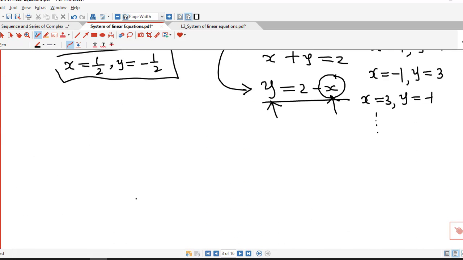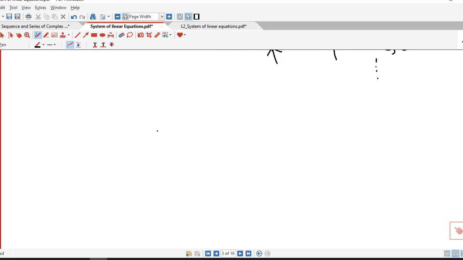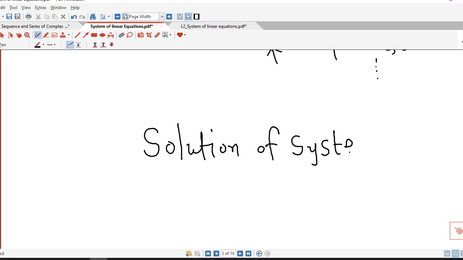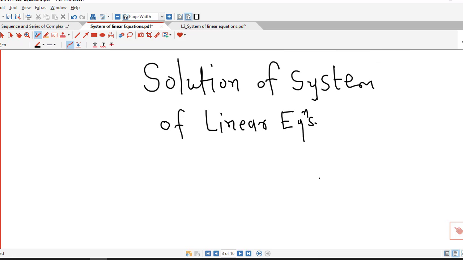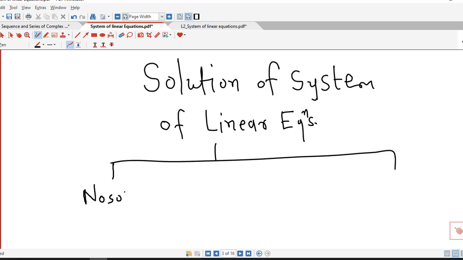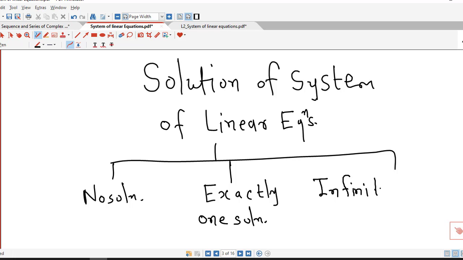So in the upcoming lectures we will see how to find the solution of a system of linear equations, but we will keep in mind that for every system there are only three possibilities: no solution, in which case the system is inconsistent; a unique solution, that means exactly one solution; or an infinite number of solutions.